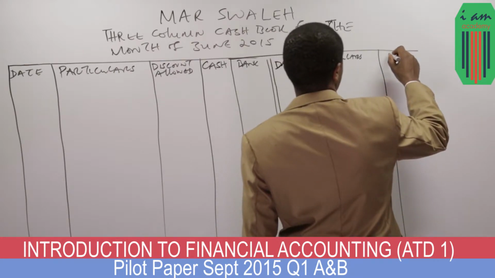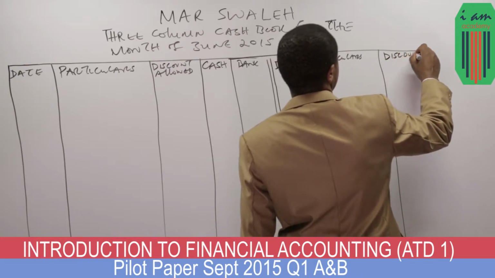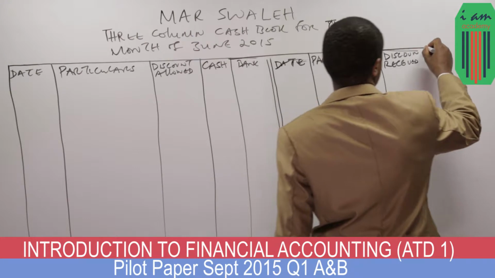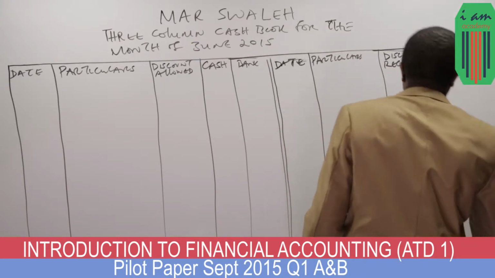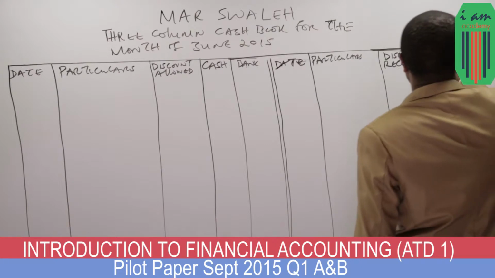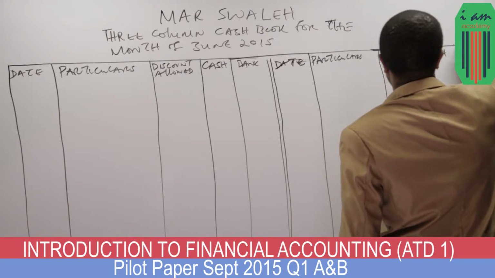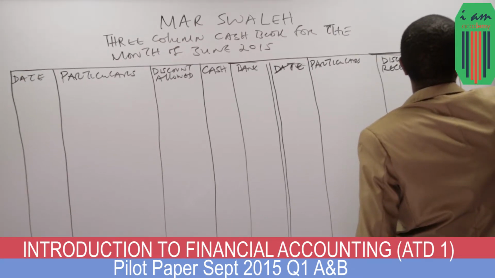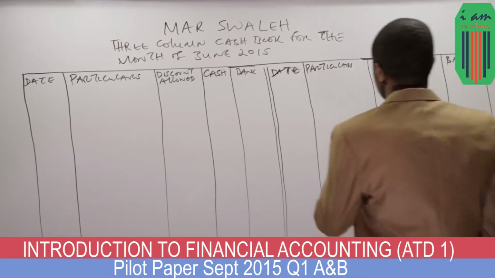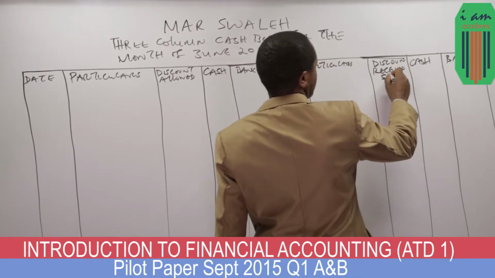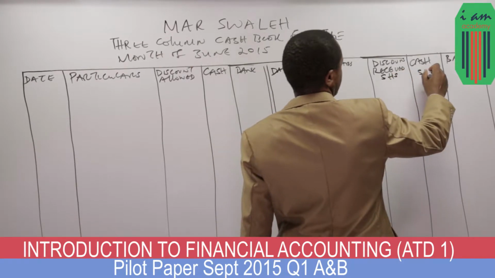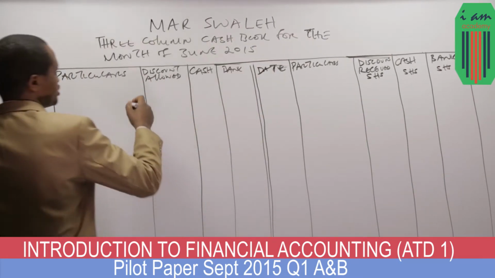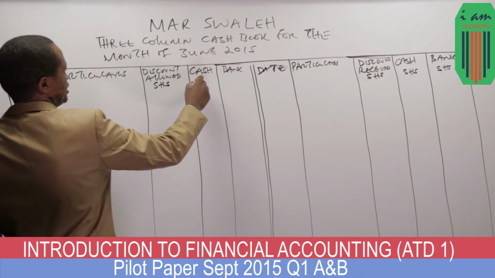We need to also have a column for discount, and on this side it is discount received. Then we have another column for cash, and lastly the bank column. All right? So the figures are in shillings, Kenya shillings. Mark Swale. The currency is Kenya shillings.